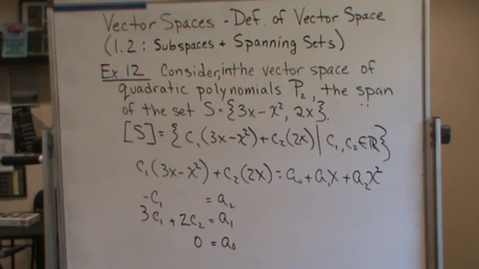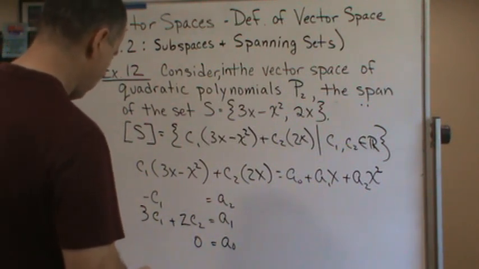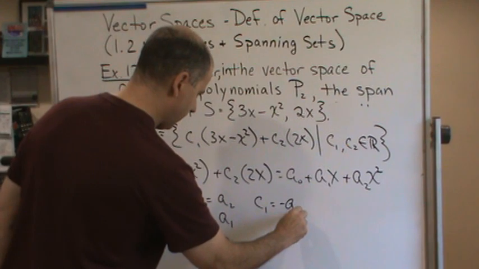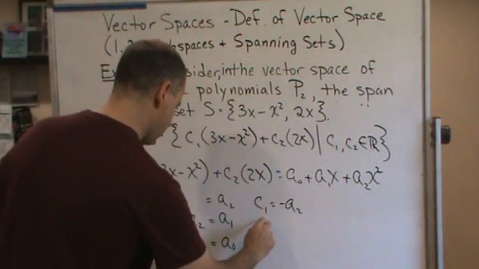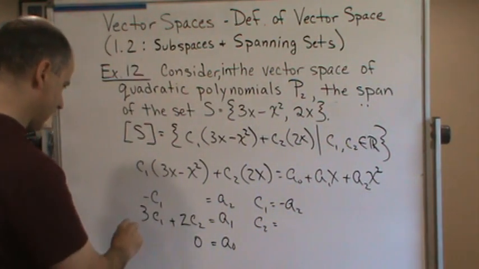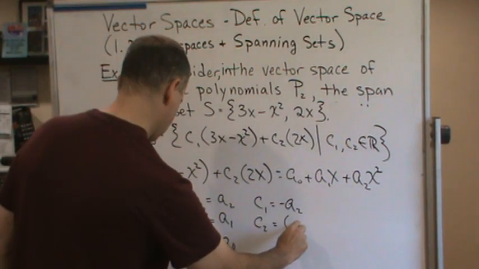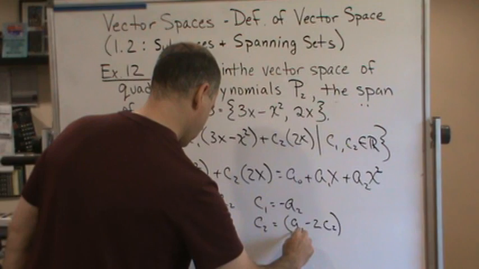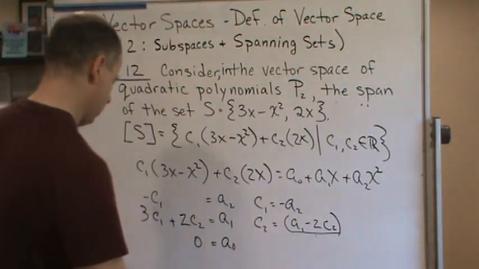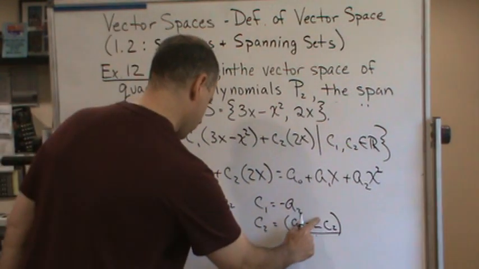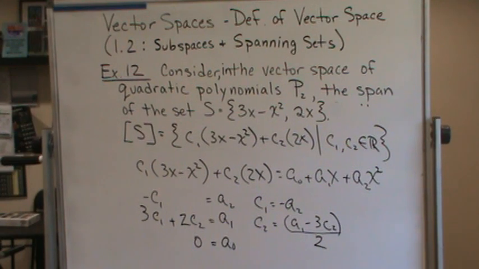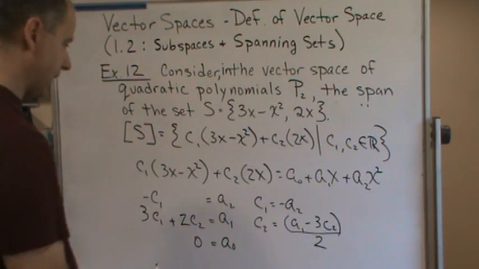And we want to see, can we solve for C1 and C2? Well, yes, because if you look here, C1 is going to equal negative A2. And then, of course, C2 is going to equal what? It's going to equal A1 minus 3C1, divided by 2.